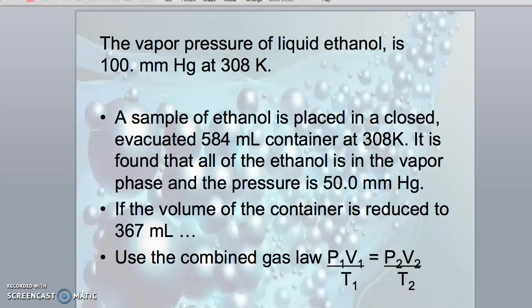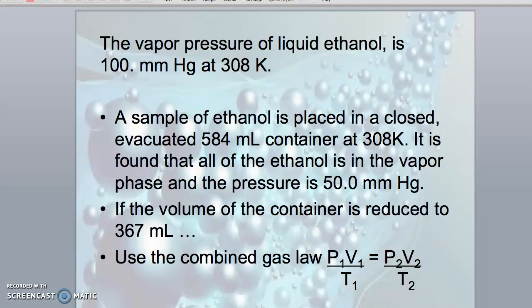Now in this case, the temperature is constant. It's at 308 K throughout. So I can just eliminate the temperatures and say P1V1 equals P2V2, or I could put the temperature in. It doesn't matter. I usually choose to leave it out. So I have, for my P1, I'm going to use 50 millimeters mercury, and my V1 is going to be 584 milliliters.